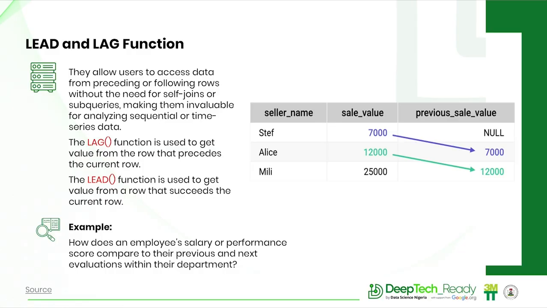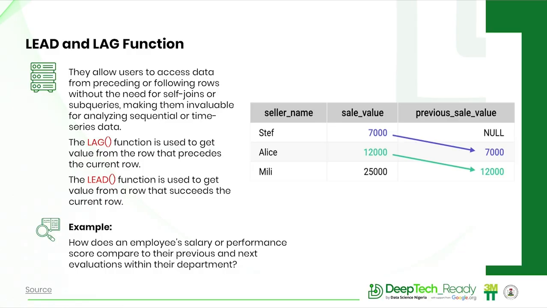Next, we have Alice, whose sale value is 12,000. It has a 7,000 previous value coming from the sale value of Steve. Next we have Millie. Millie has a sale value of 25,000, and the previous sale value is 12,000, which is coming from Alice.